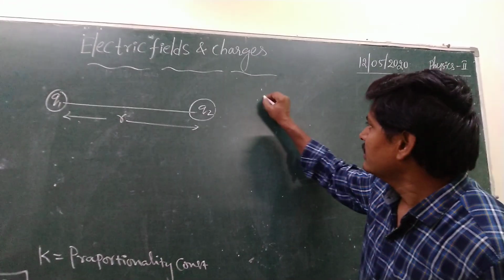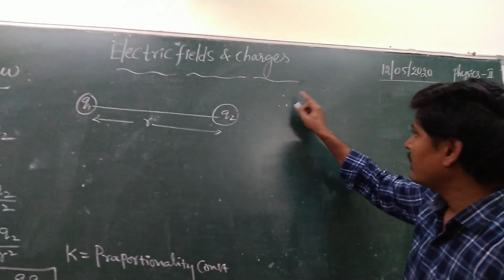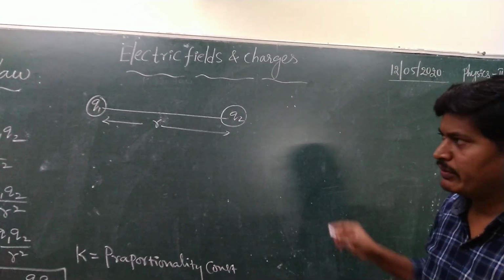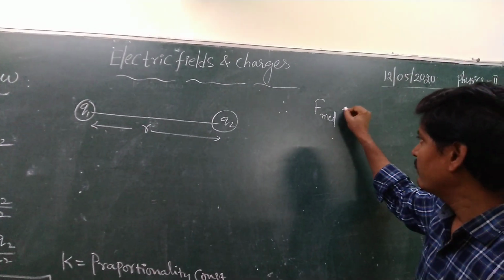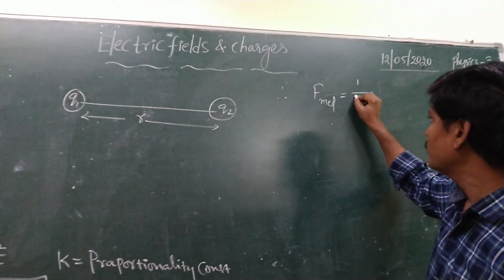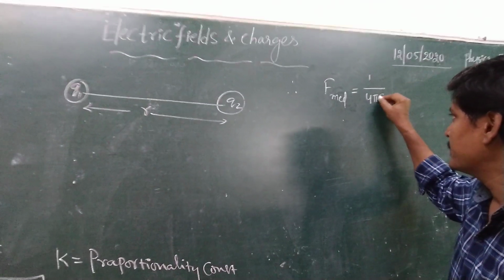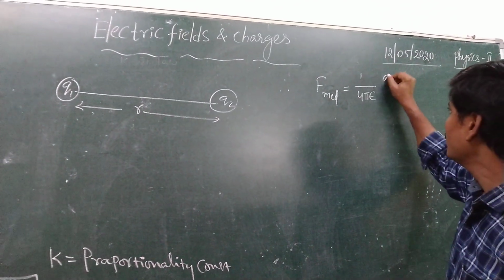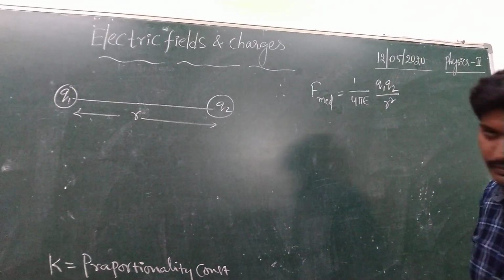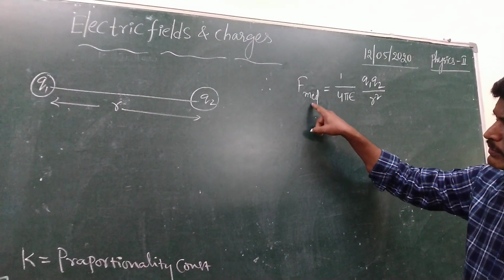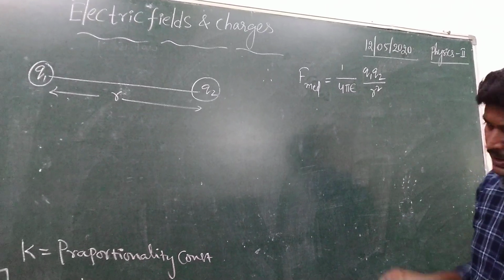Whenever a medium is present between two charges, the formula for F medium is equal to 1 by 4 pi epsilon into Q1 Q2 divided by R square. This is the force between two charges in the medium.